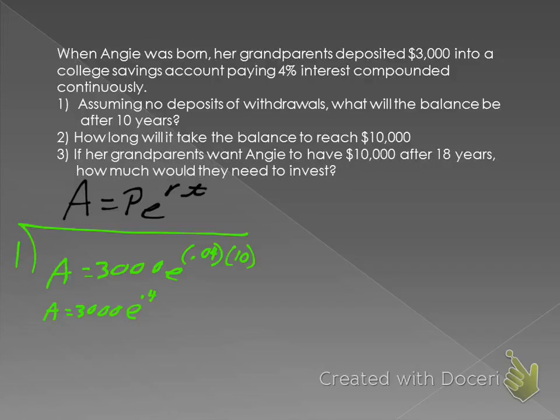And then that goes into your calculator: 3,000 times E to the 0.4 power, which should give you A equal to 4,475 and 47 cents. Okay, that's number one.